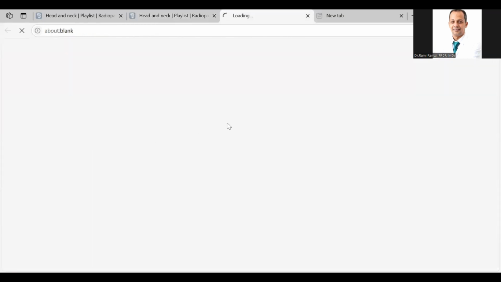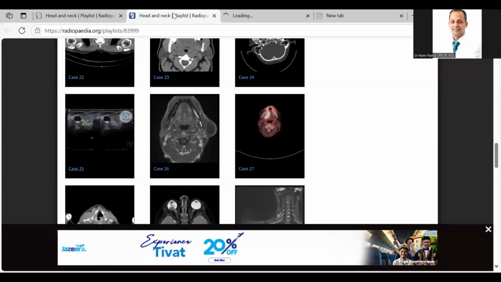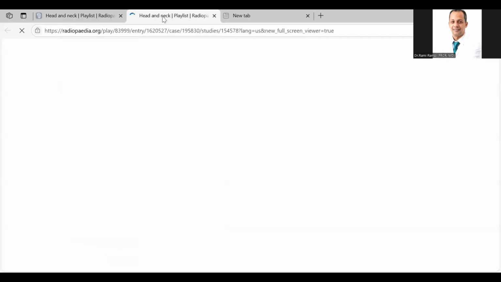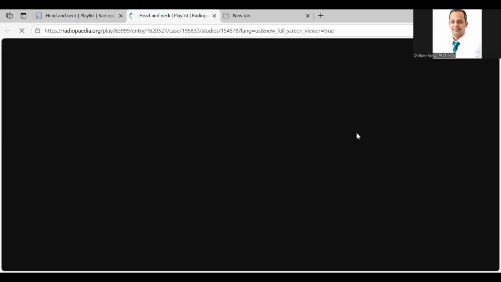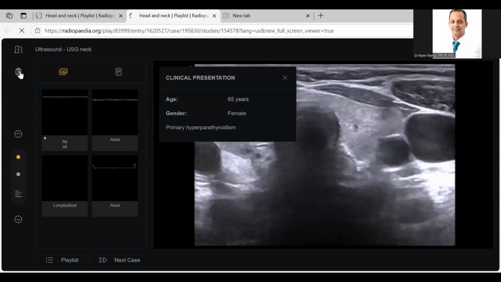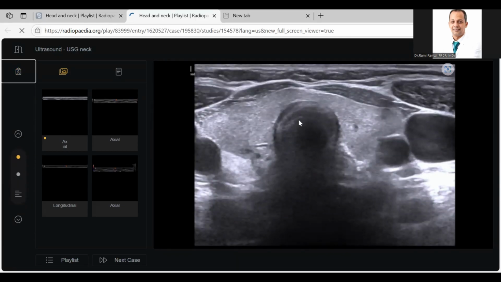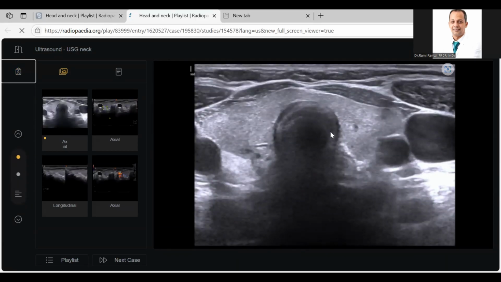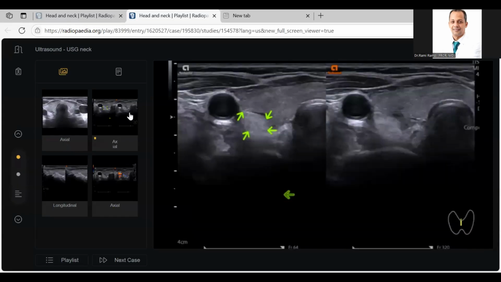One of the nice cases. Let's start. Okay, I am provided with a grayscale axial image of the thyroid region.